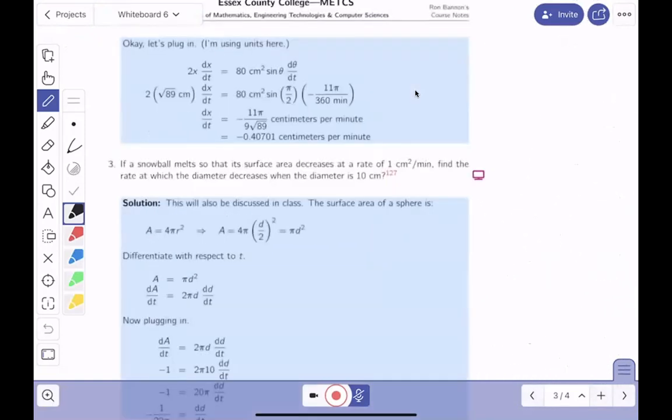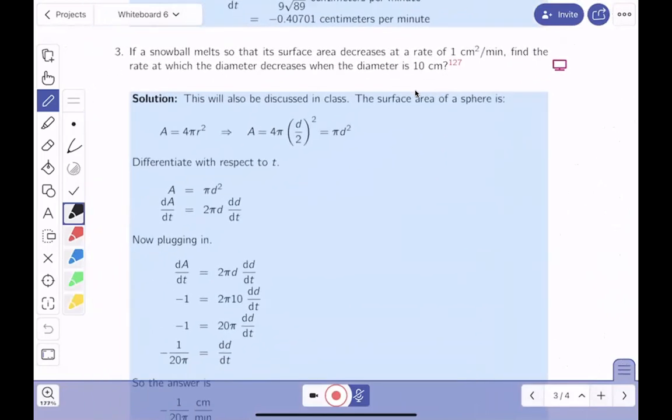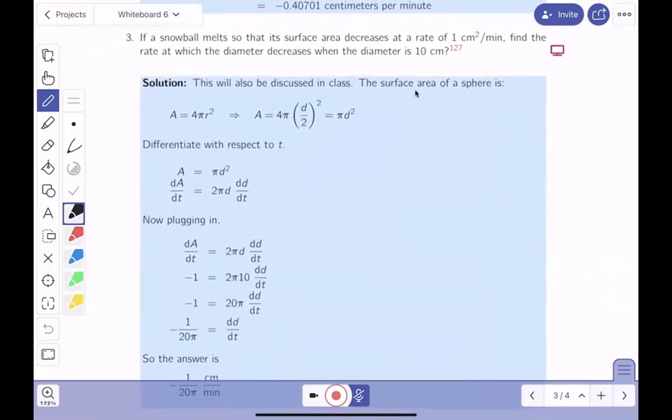Right. So let's put down number 3 now. And number 3 is a snowball. I know what a snowball is, and it says it melts. And it says the surface area decreases at a rate. So I'm going to put that down, that it's a snowball. And I realize a snowball has a surface area, certainly.